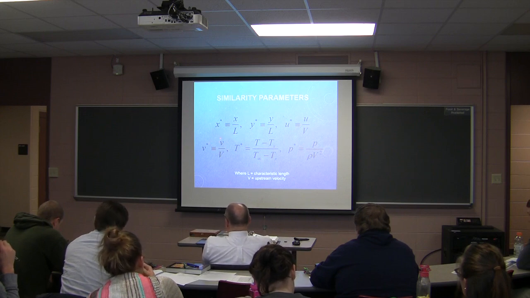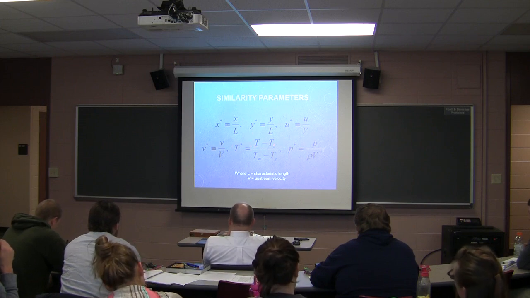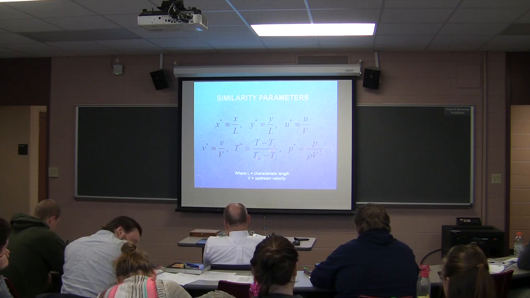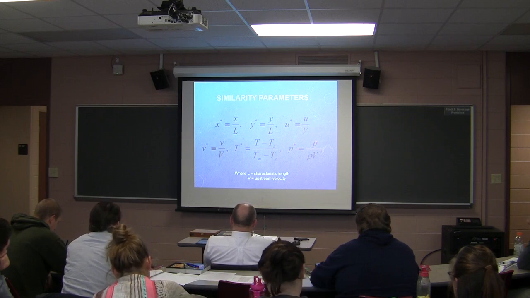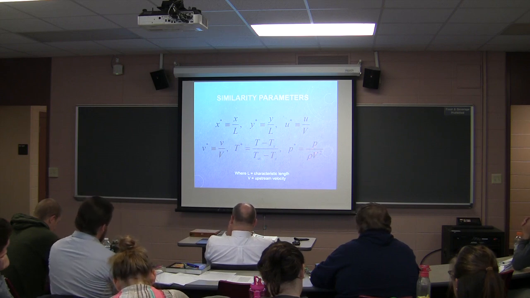V star is equal to v divided by big V. T star is equal to the temperature in the free stream minus the temperature of the surface over the temperature of the free stream minus the temperature of the surface. And this P star is going to be the pressure divided by rho times V squared.